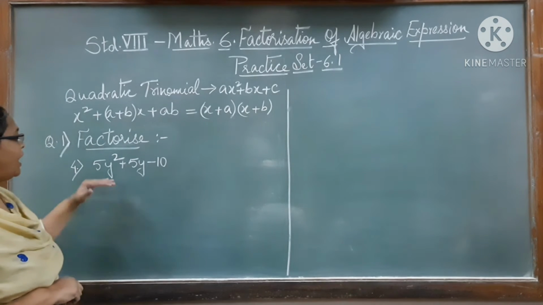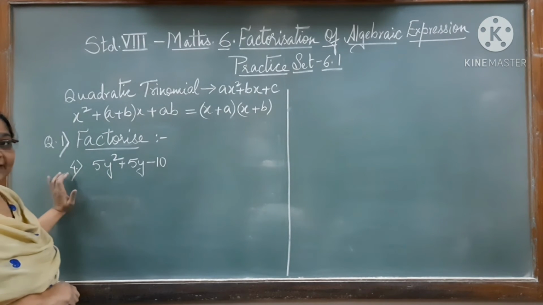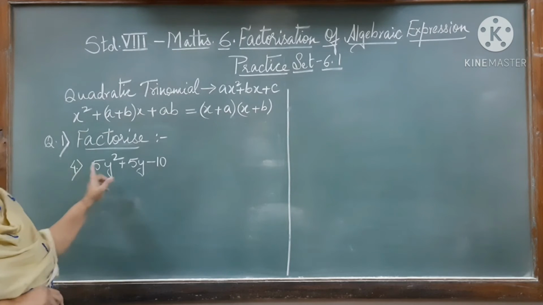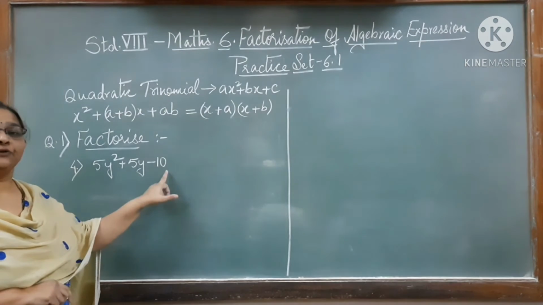Let us see how to factorize the fourth example of this practice set. 5y square plus 5y minus 10 should be factorized.